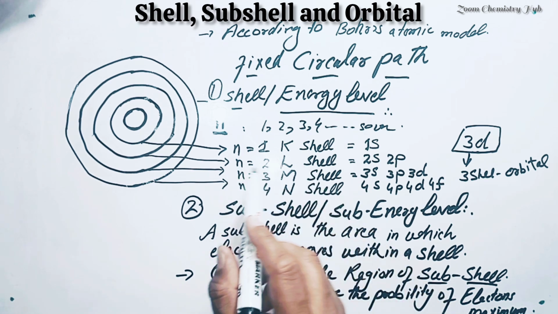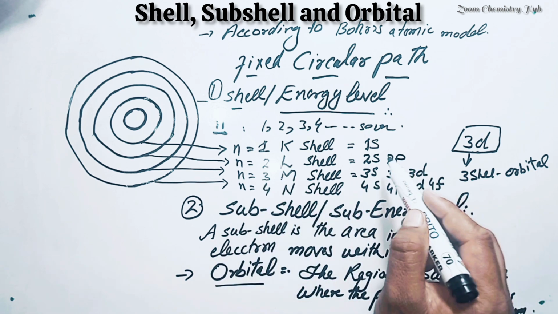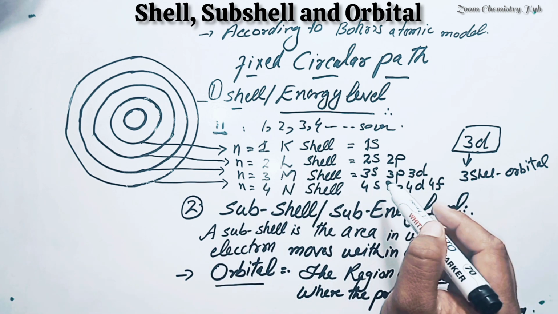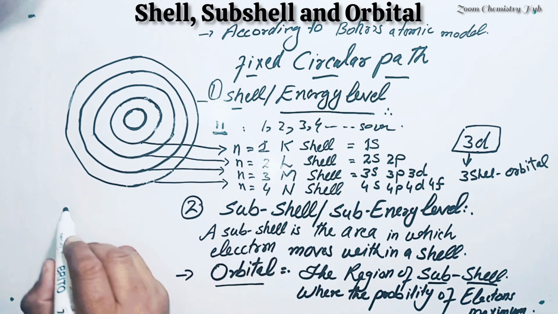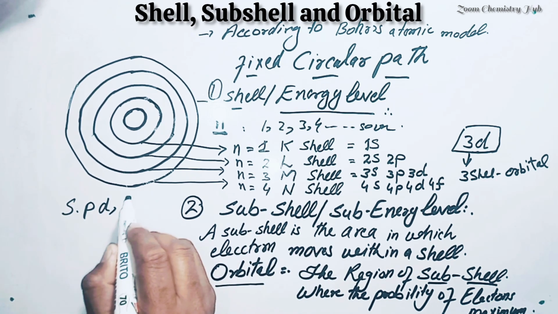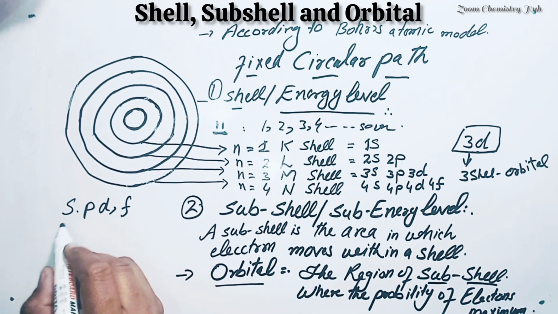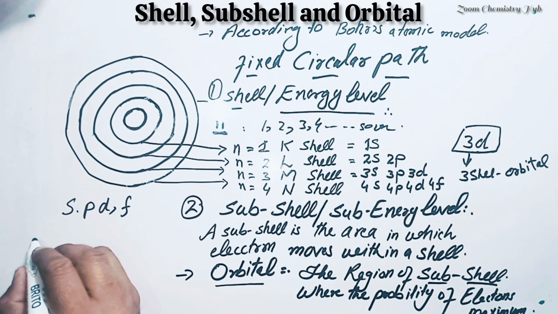As we have learned, there are four subshells: S, P, D and F. S subshells are spherical in shape.